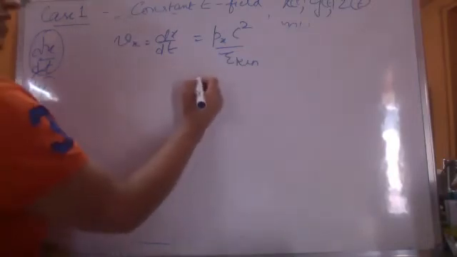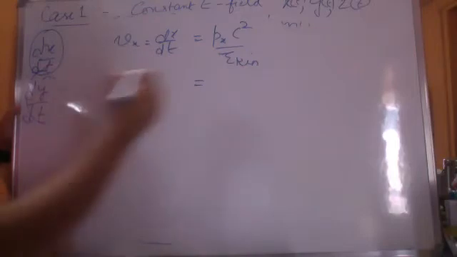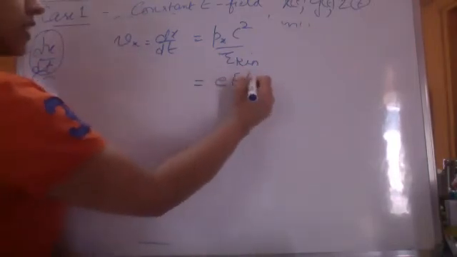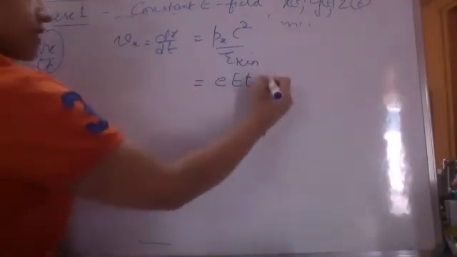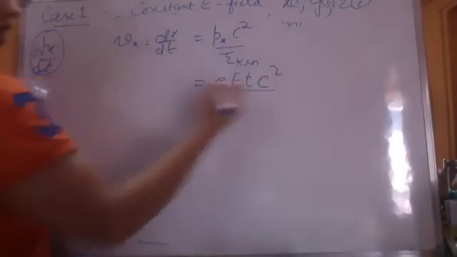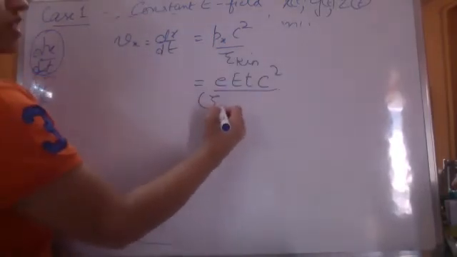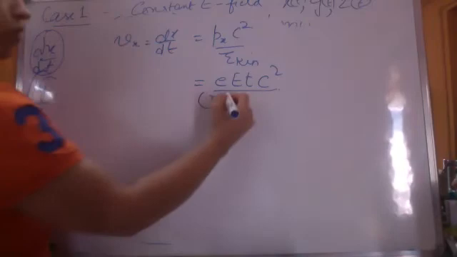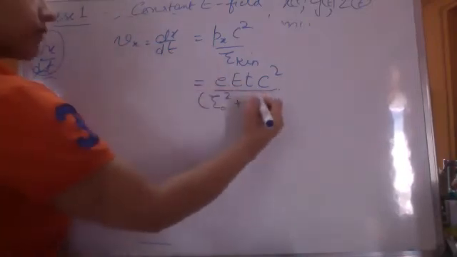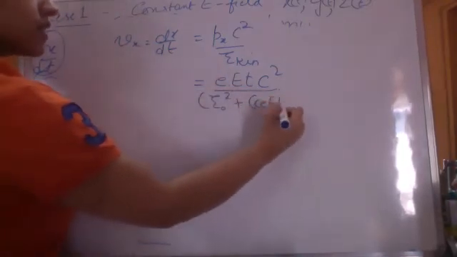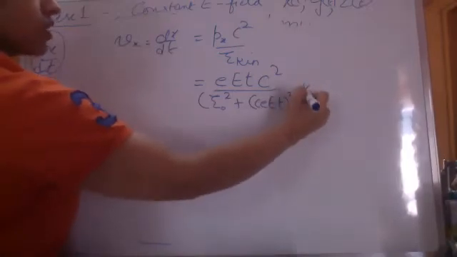And now I substitute for px, which is eEt, and c square is already there, and the expression for my kinetic energy, which is E naught squared at time t equal to 0 plus (ceEt) squared, to the power half.